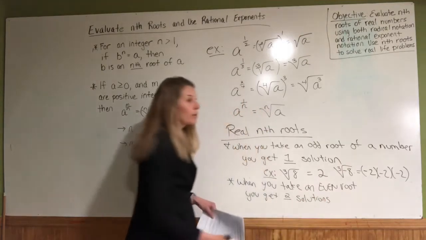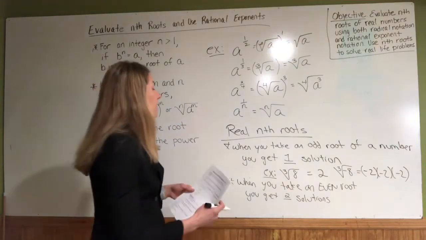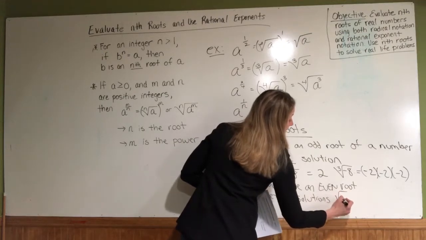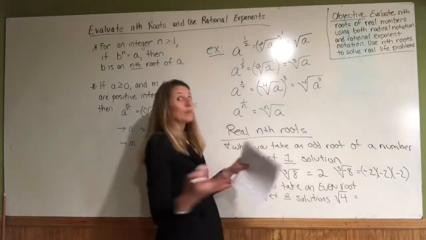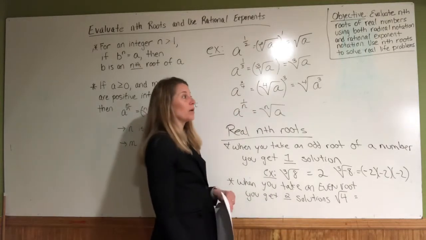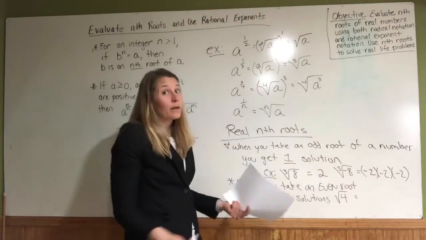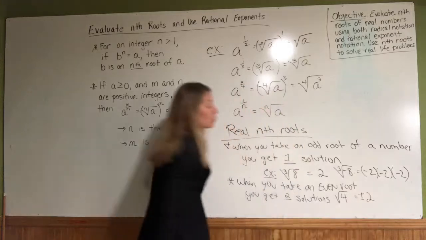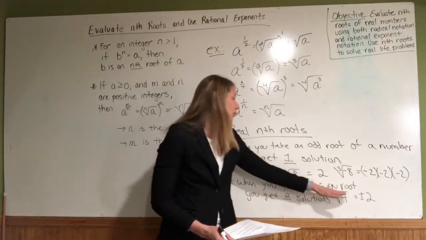We talked a lot about this before with square roots in previous sections. If I'm going to do the square root of, let's say, 4, well, was it 2 times 2 that got us to that 4, or was it negative 2 times negative 2 that got us to that positive 4? Either one is feasible, so that's why we would have our answer plus or minus 2, and that's why there are 2 solutions when you're taking an even root.